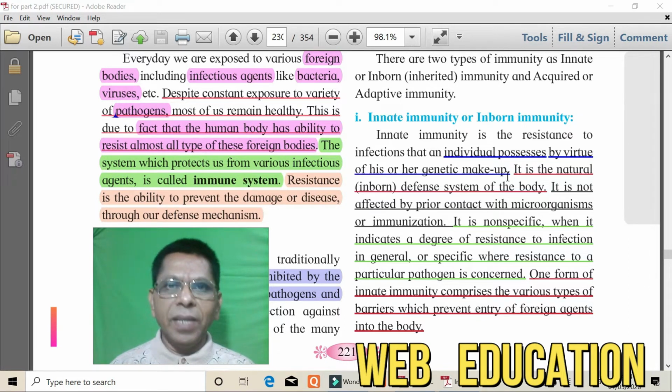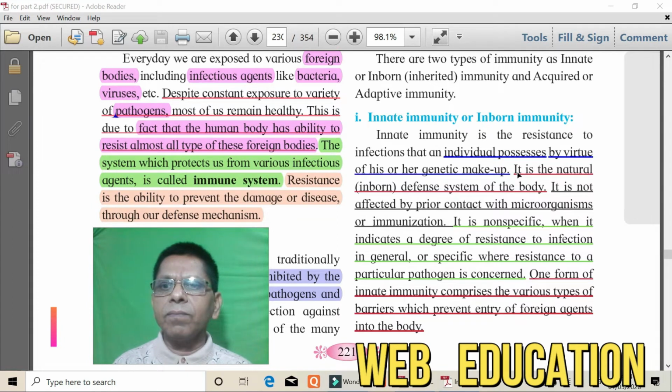That is, it can be transmitted from one generation to another generation. For example, if a parent has certain genetic deficiencies in this system, then that can be passed to the child as inheritable immune deficiencies.